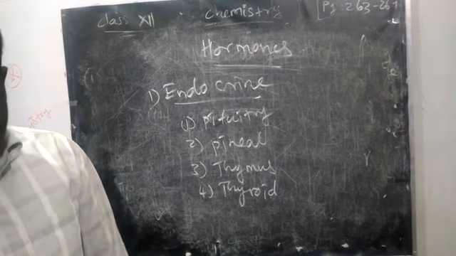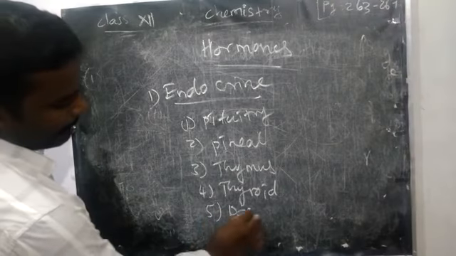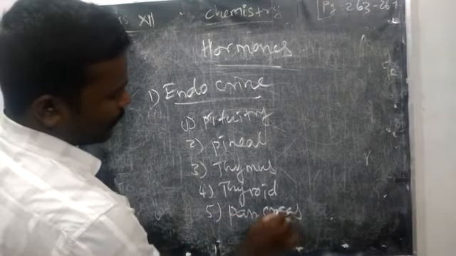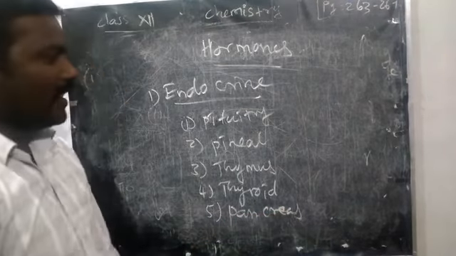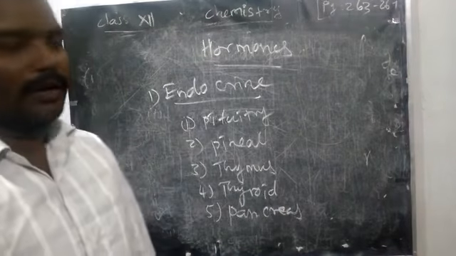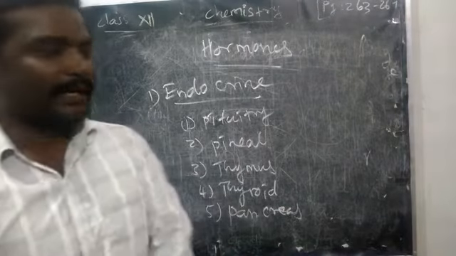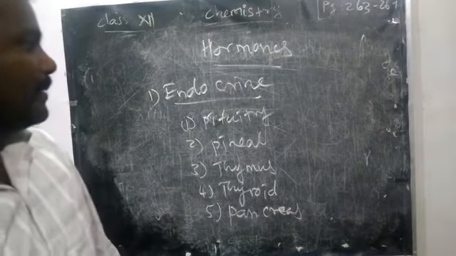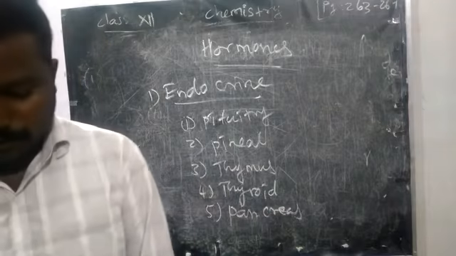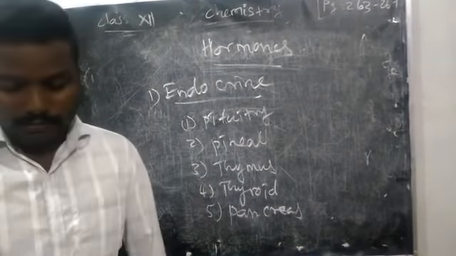Pituitary, thymus gland, yes, pancreas. So these are the glands that play a vital role in many biological functions in the human body, that means in living organisms, particularly animals. All of these belong to the endocrine.